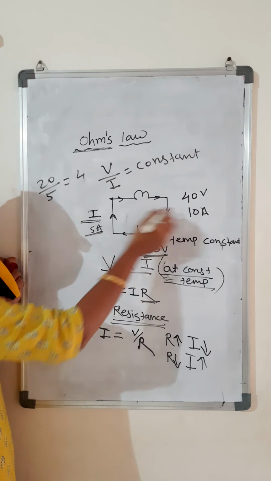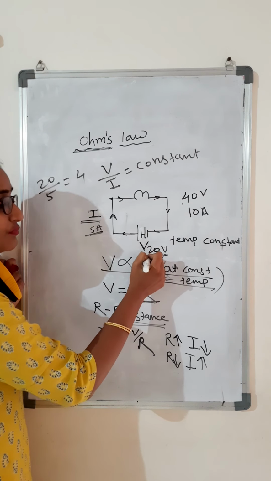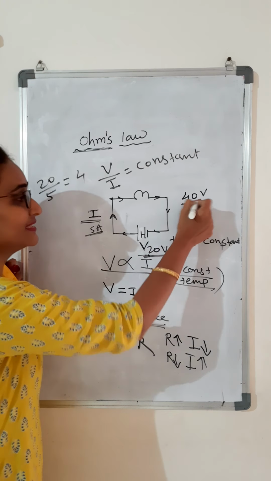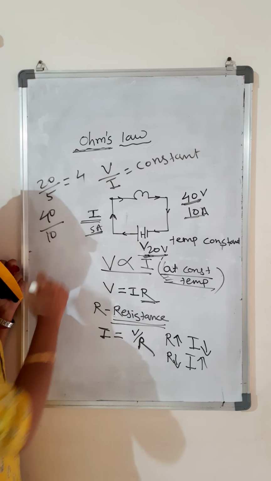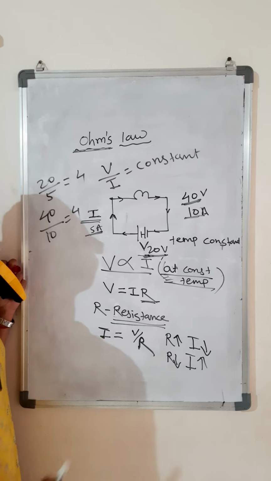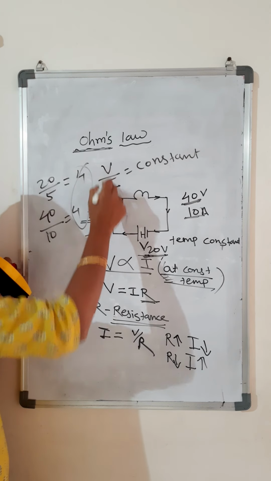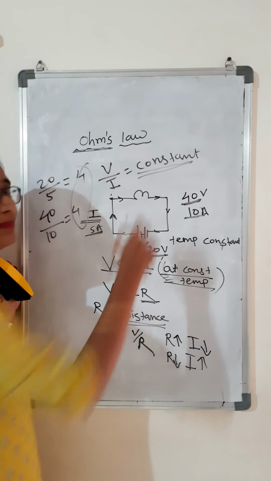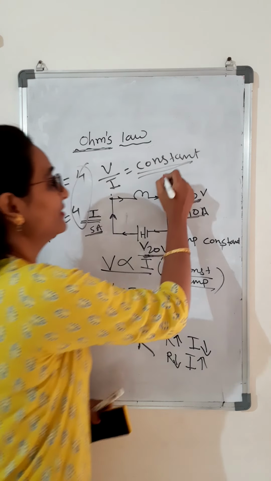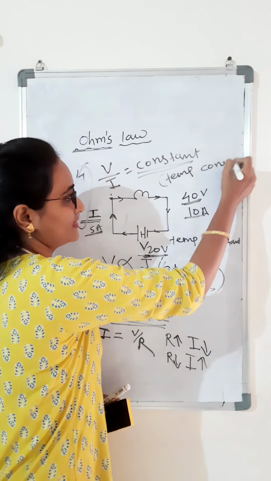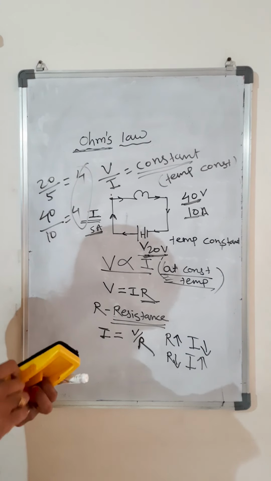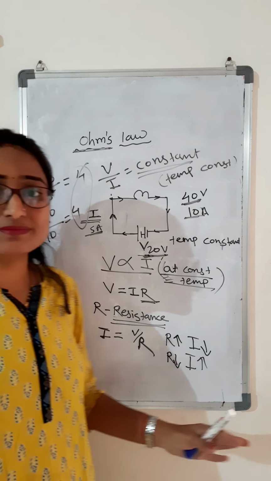And when you double the potential difference, that is 40 volt, current also doubles, that is 10 ampere. So what is the answer? 4. So this V by I value will always be constant, when the temperature is constant. Okay, so this is all about Ohm's law.